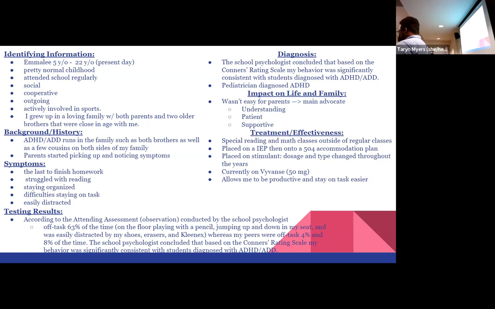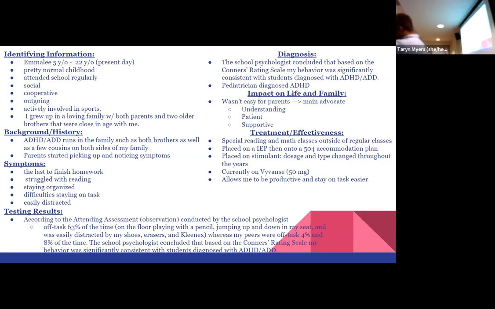On treatment effectiveness, I had to do special reading and math classes provided after school from first grade all the way until I graduated from junior high. I was placed on an IEP plan, which means you have accommodations that, by law, the school has to accept and accommodate. If you need extra time on something, you're offered that.